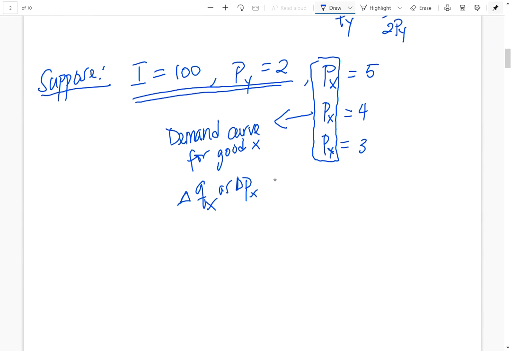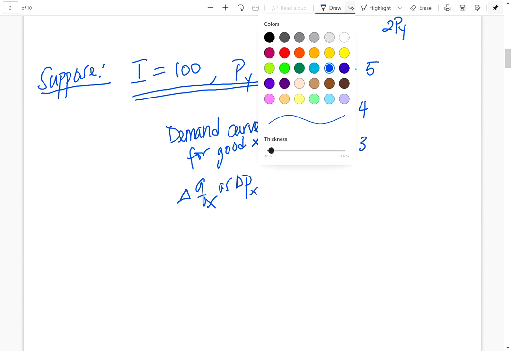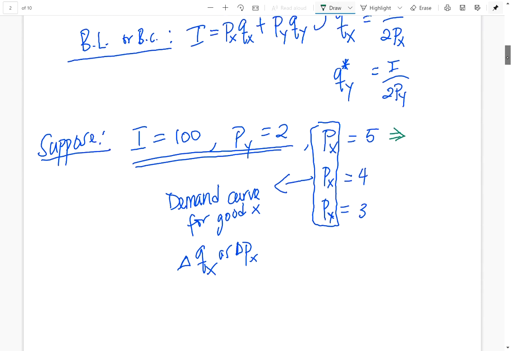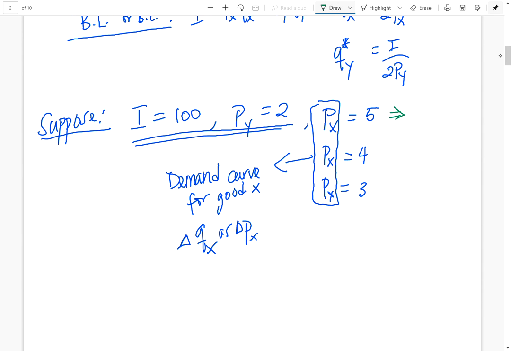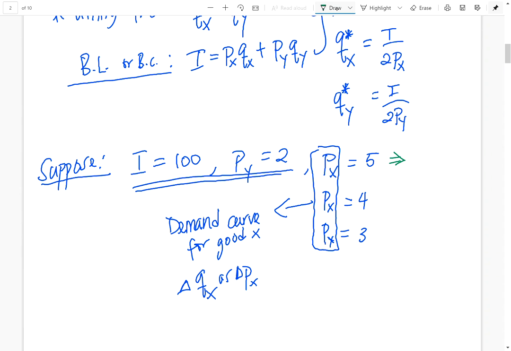Okay, so what does that mean for us here? Very quickly, since we already know the equation, we could just say, oh, well, we know the demand function for good x.